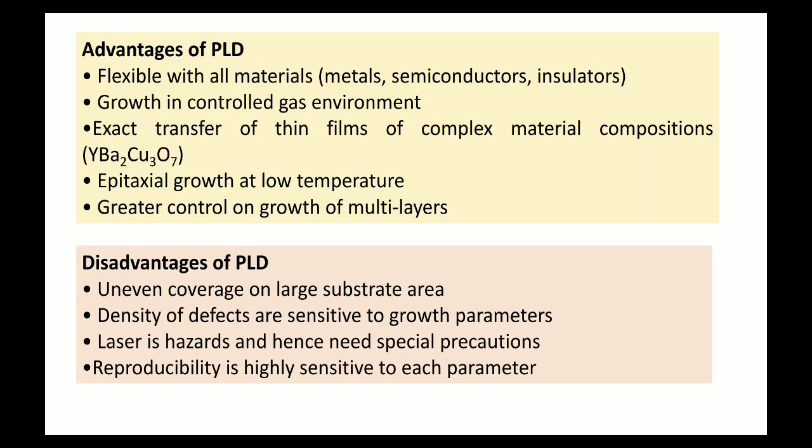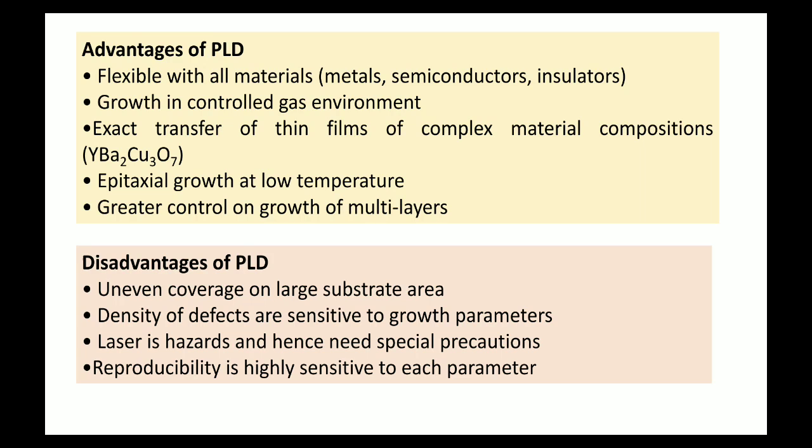At the center of the substrate, the thickness will be high. As you approach the edge of the substrate, the thickness goes down. So this is called a thickness gradient in the thin film. This is the biggest disadvantage, that after a particular size you are not able to deposit thin films in a larger area.